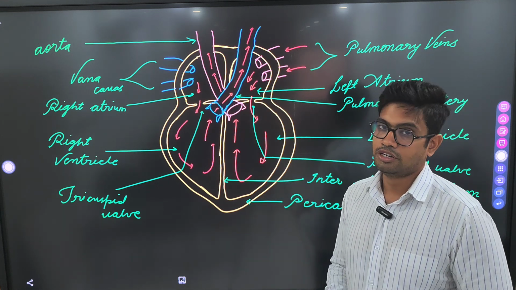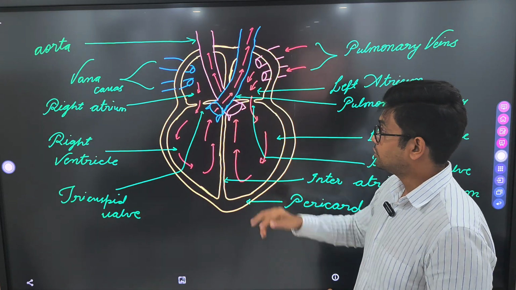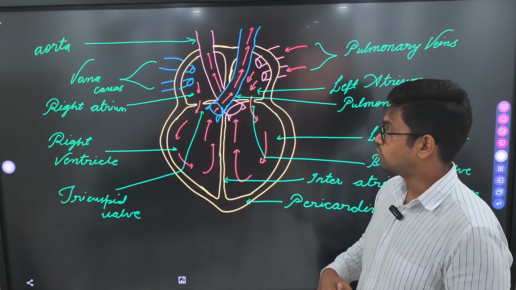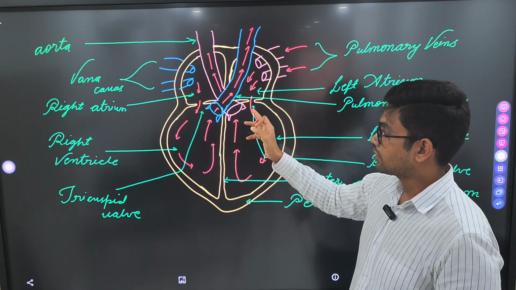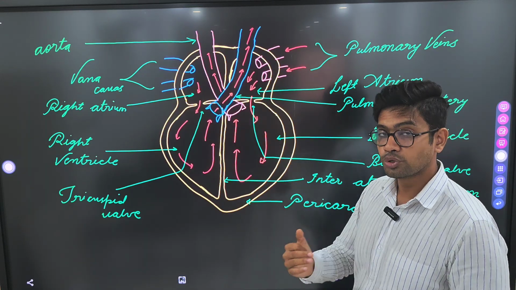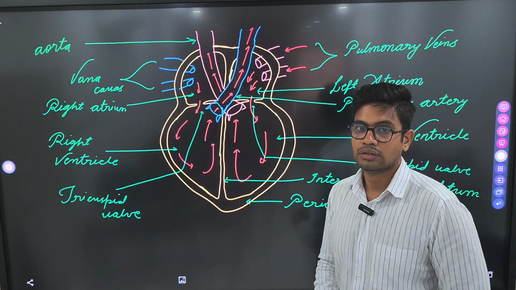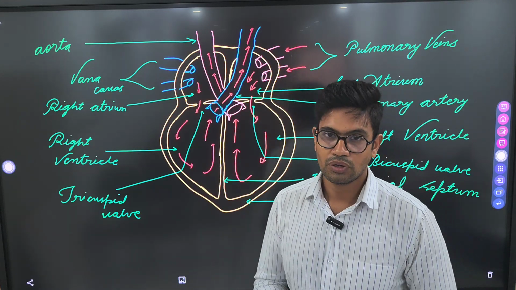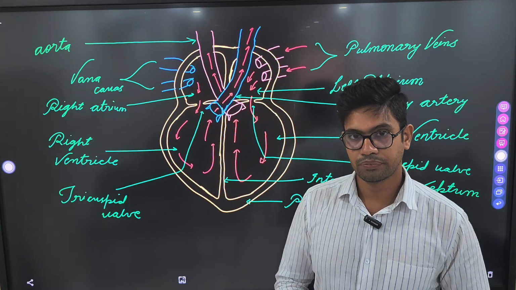Both the ventricles undergo contraction, meaning ventricular systole, and to prevent the attempted backflow there is closure of the bicuspid valve, and all the blood is pushed into the aorta. The aorta is the pipe which supplies the oxygenated blood throughout our body.